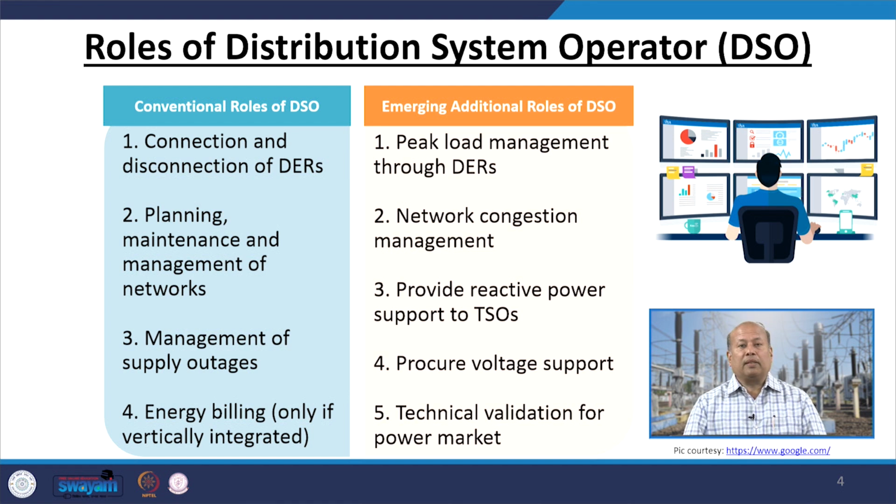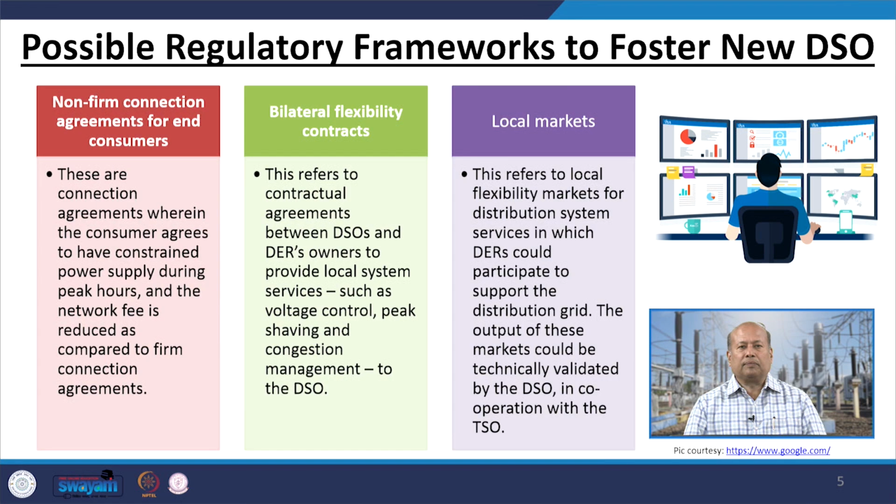It also provides reactive power support to the TSO, because whenever the transmission system needs reactive power, they can expect some DSOs to help by reactive power injection from the distribution system. And also procure voltage support. It takes care of voltage support to the system, and also looks after the technical validation of the power market. So this is how the DSO normally operates.